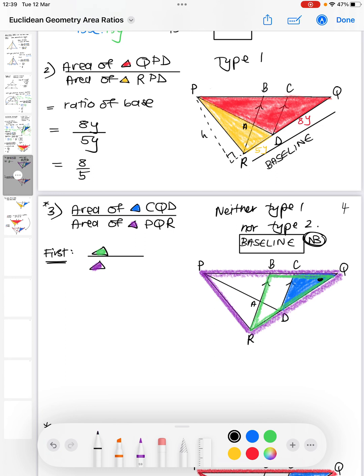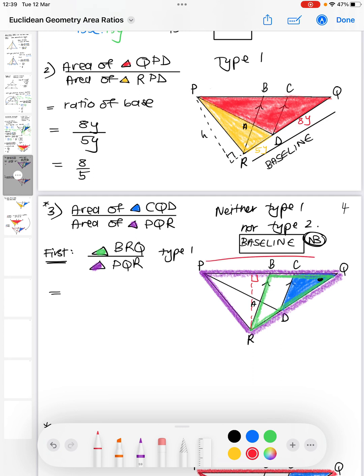Okay, first find green, that is triangle BRQ, over purple, which is triangle PQR. First do that. Now in this case, it would be a type 1 triangle where they share a common height. Let me just draw that height in for you to fully understand. This is the perpendicular height.